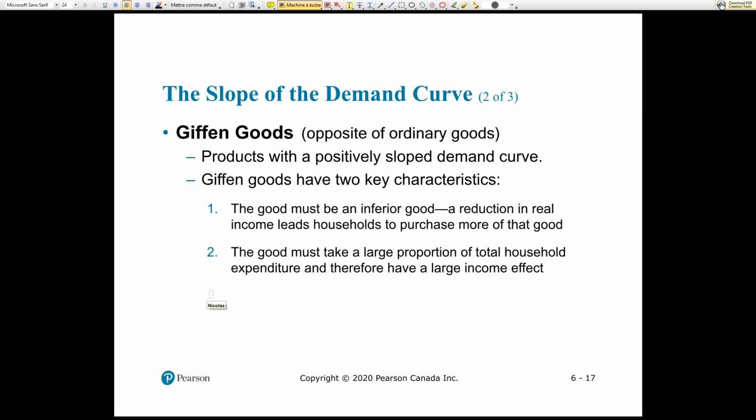Up until very recently, Giffen goods were more of a theoretical thing that may happen, but some researchers did observe Giffen goods. So I'm just going to tell you about Giffen goods in the world.